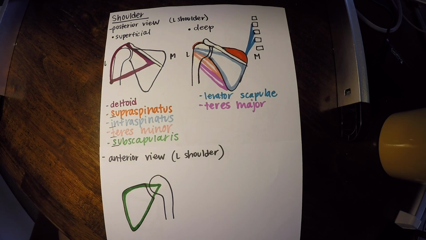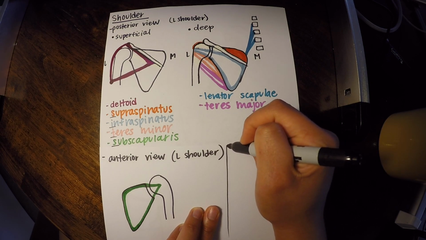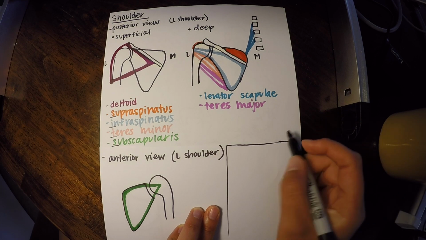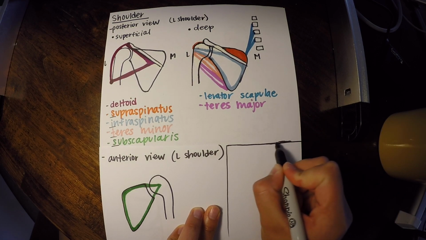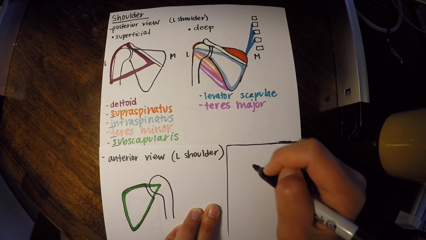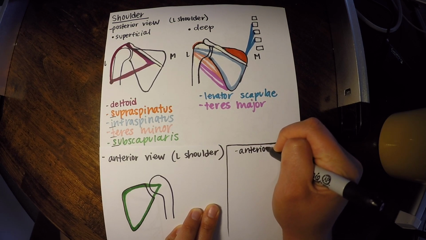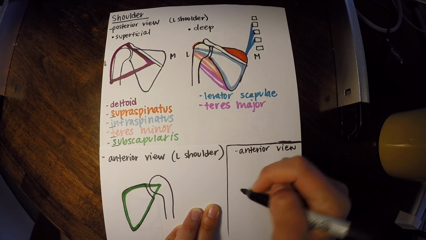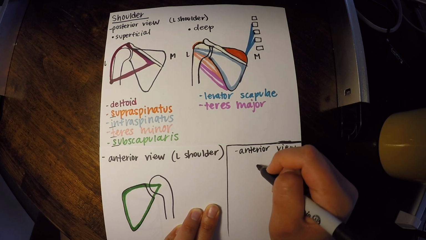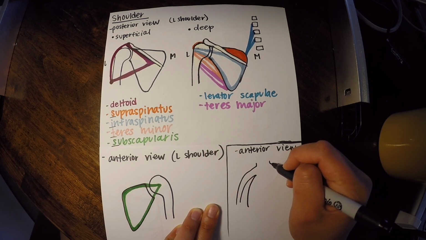Now, one final muscle I want to add in is, I'm just going to do it kind of in the corner over here. I just want to draw a little anterior view here again, and it's just going to be of a little guy. Oops, this is extremely rough.